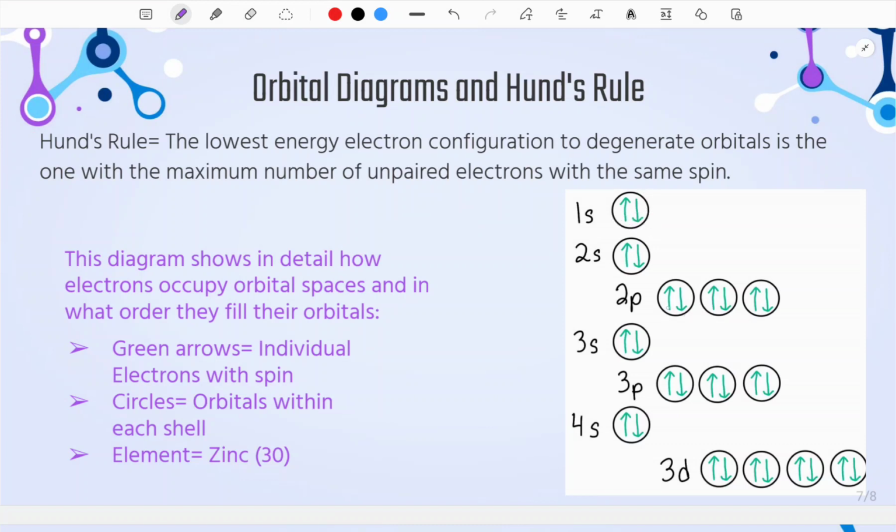And then when you get to your levels that have more than one orbital option, it's going to fill this one and this one and this one first, and then it's going to go back and fill from numbers 4, 5, and 6. So the numbers really go 1, 2, 3, and then 4, 5, and 6. So it's going to fill all of the orbitals once before it goes back and adds another one.